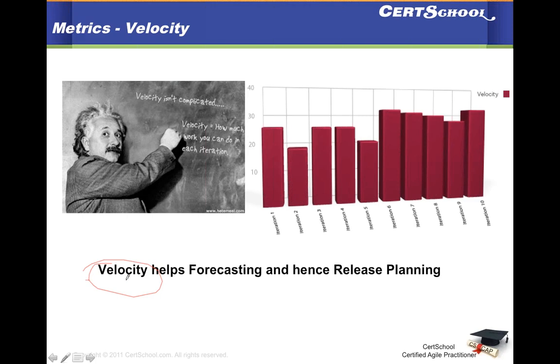Okay, so by definition, velocity is how much work you can do in an iteration. All right. Definition is very simple. It's very easy to understand.